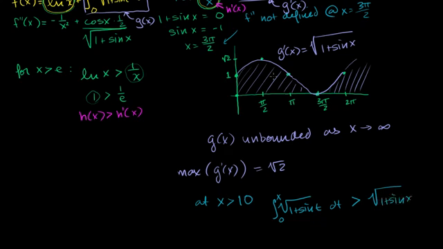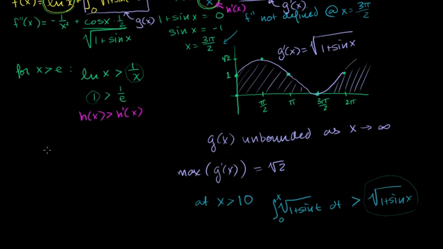Because this is the area. At any value above 10, this thing at most can ever get to square root of 2. This thing's just going to keep growing and growing. And at 10, it's already going to be larger than the square root of 2. So we know that there's some boundary.